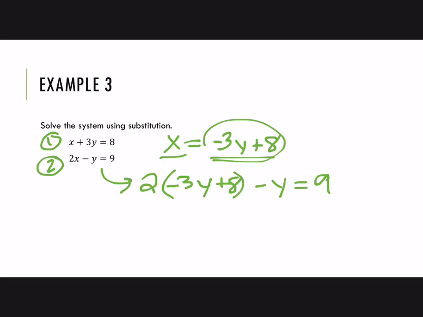First we want to use order of operations and simplify as much as possible. So I can distribute first, distribute the 2, and get negative 6y plus 16 minus y equals 9. Combine like terms: negative 6y and negative y is negative 7y.